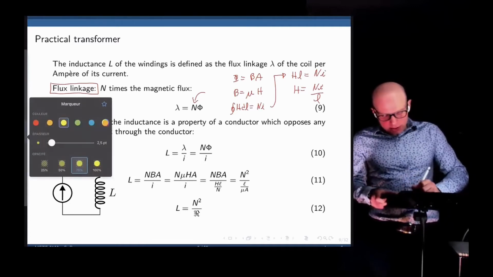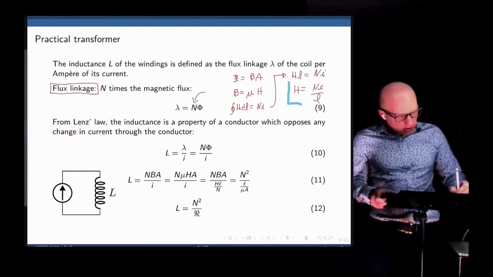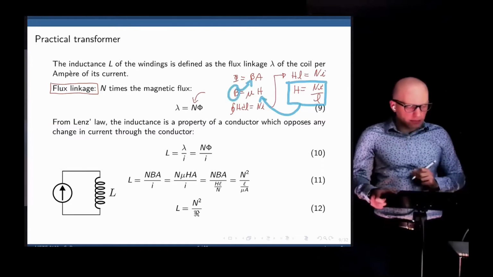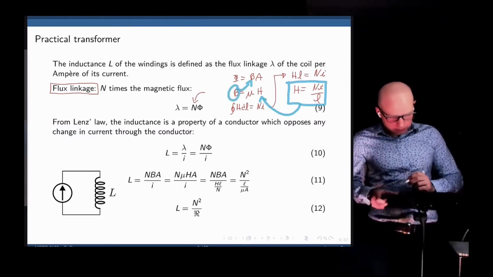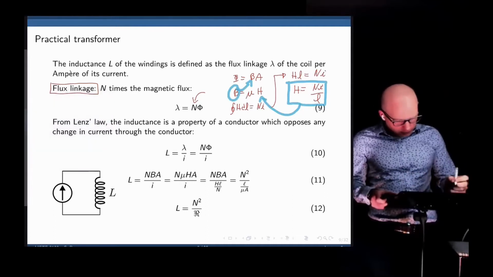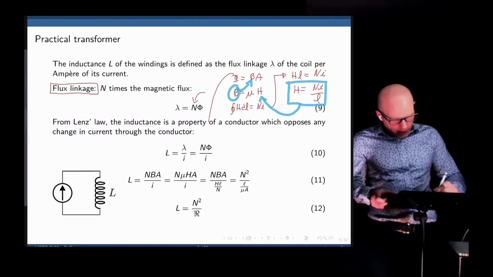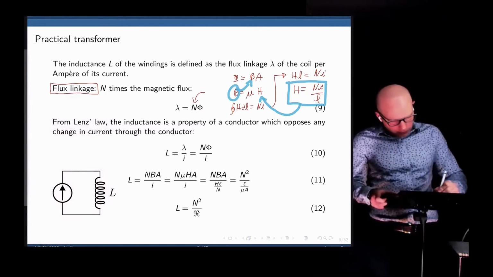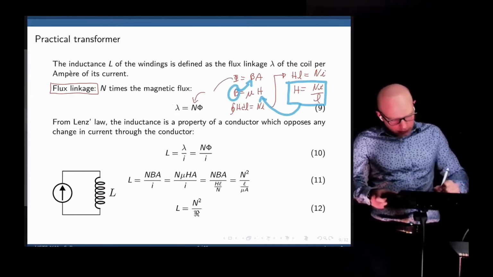Now we can replace everything here. You can follow this derivation in more detail later. We can replace H here, and you can replace B there. And this gives then, we replace the whole thing in phi right here.